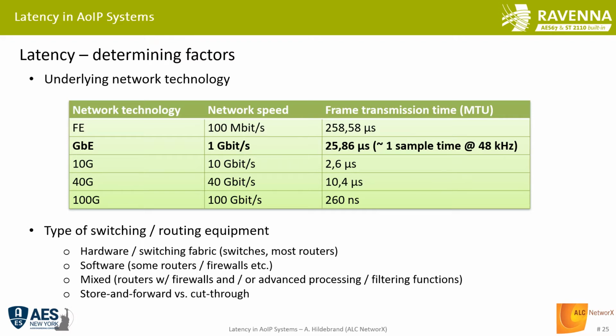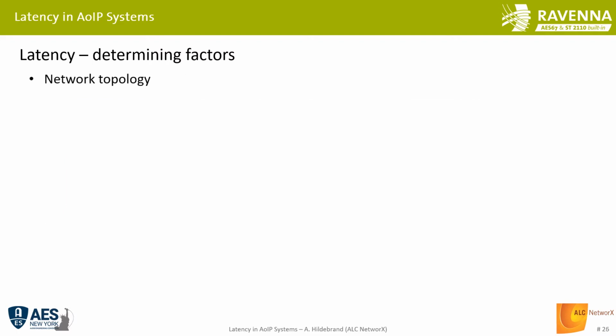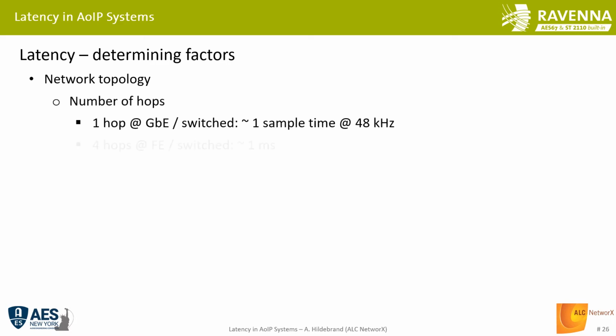Now, the next determining factor is the topology. Well, topology is very simple. The number of hops, I explained that earlier, contributes to latency. If we have 1 hop at gigabit Ethernet, I explained it's 1 sample of delay. Well, if you have 7 or 8 of these hops, it's 7 or 8 samples. And just to remember, 4 hops at fast Ethernet.